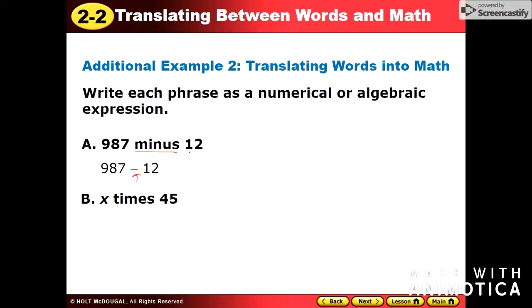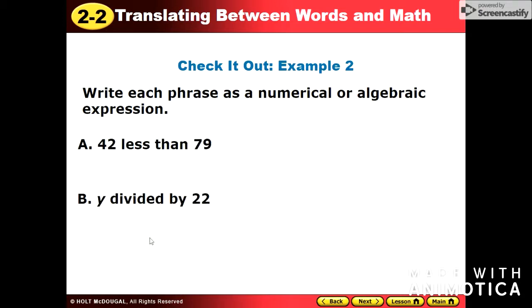Super quick and easy. And the next one, x times 45. Same thing, you can add in the dot, so 45 dot x, or 45 smush next to x. We would not want to write 45 times x this way, because now it looks like 45 double x, and that's just confusing. Again, try to get used to these two methods here.